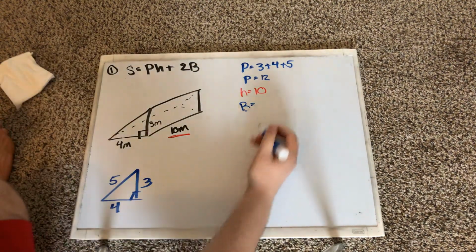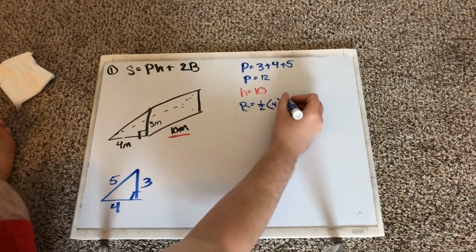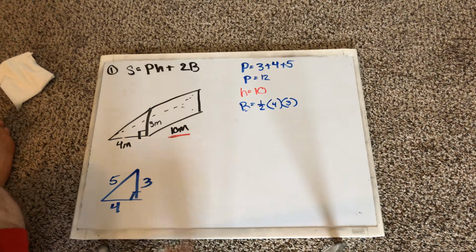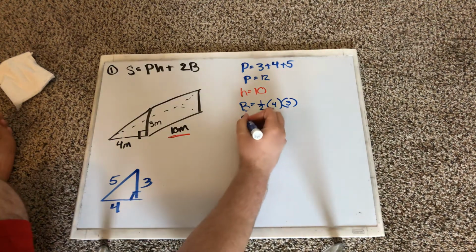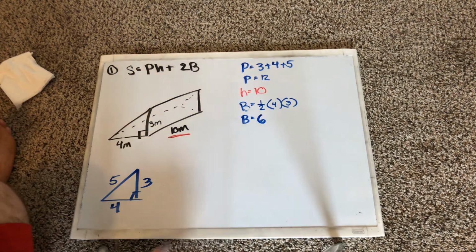So I can do 1/2 times the base, which is 4, times the height, which is 3. I'm just looking at the area of my triangle here. The area of that base is 4 times 3 is 12, times 1/2 is 6.